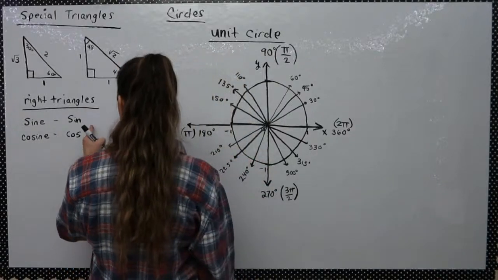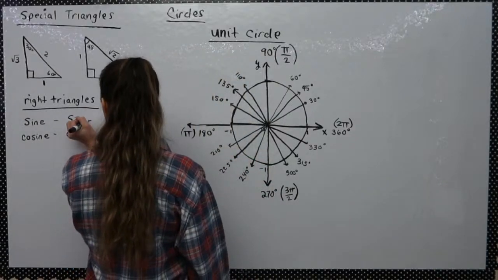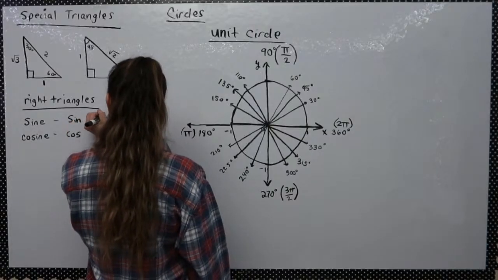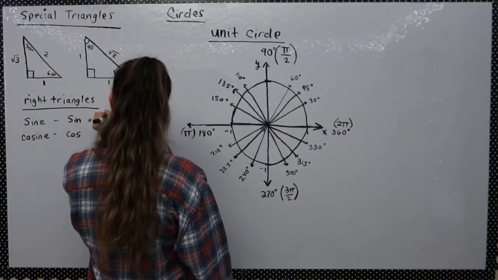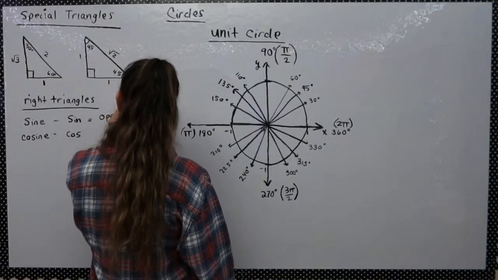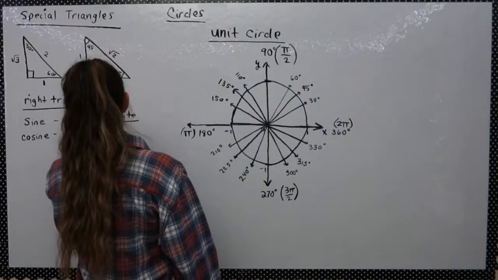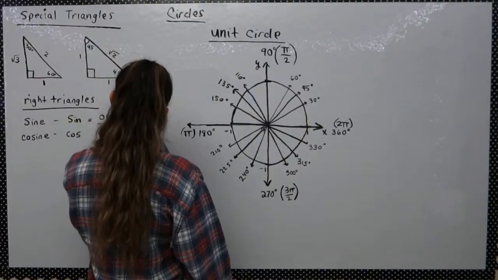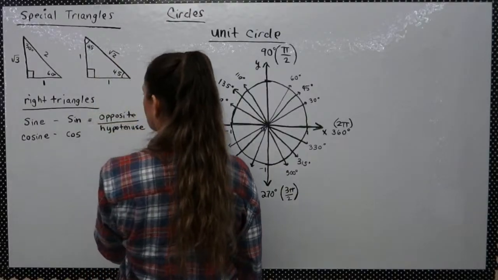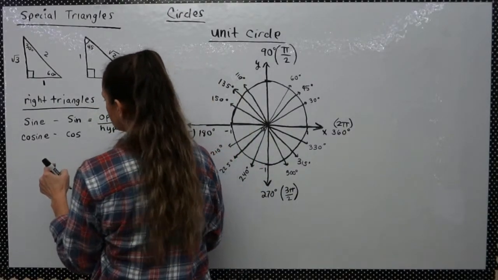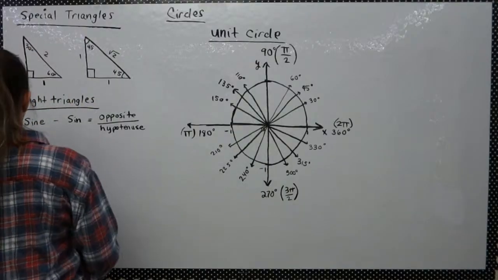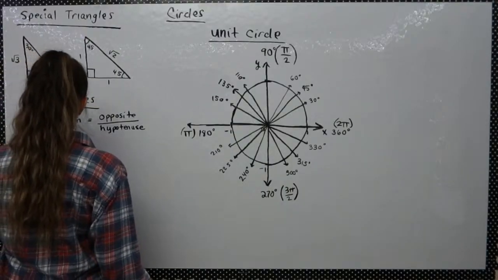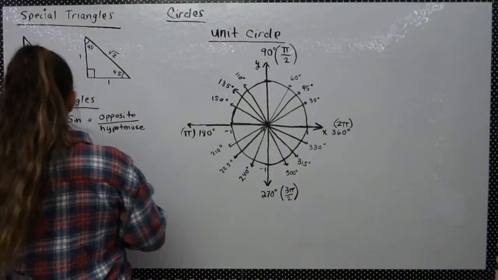And sine, by definition, is opposite over hypotenuse. And cosine, let's scoot it down a little bit more. Cosine.